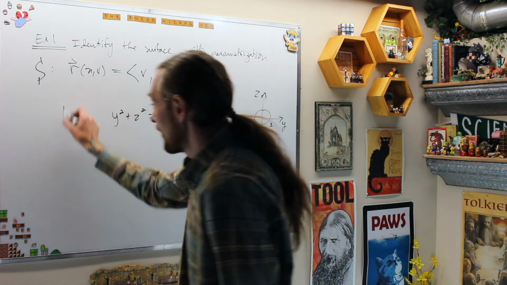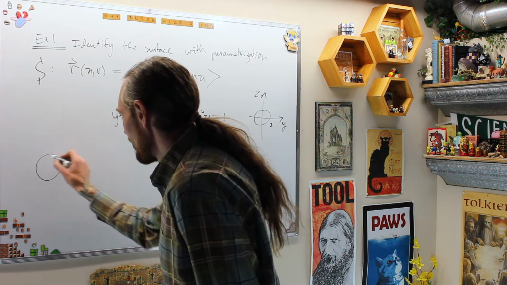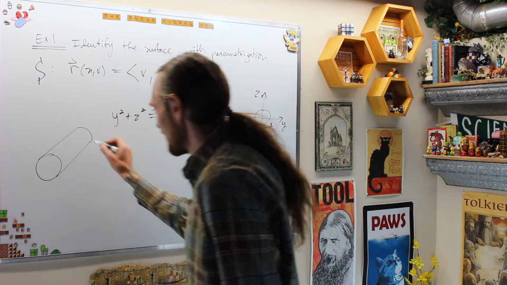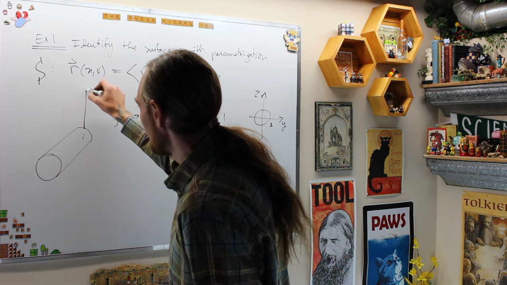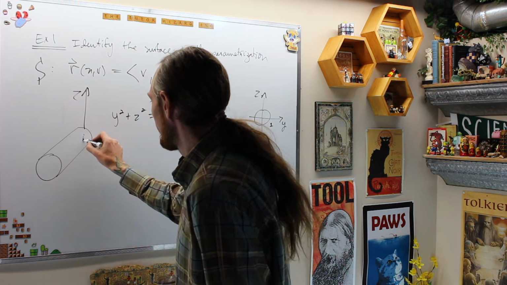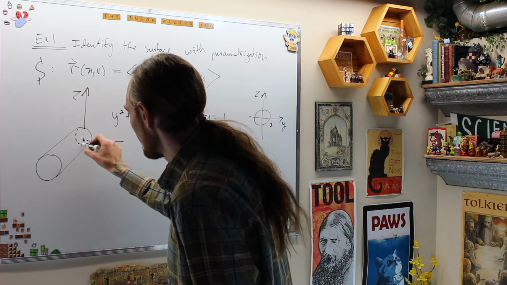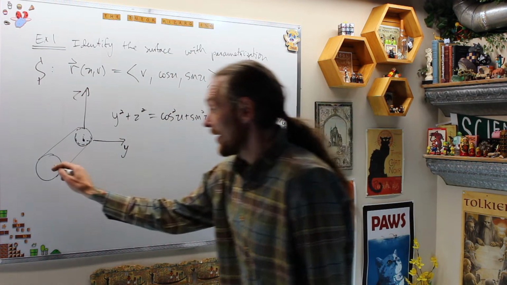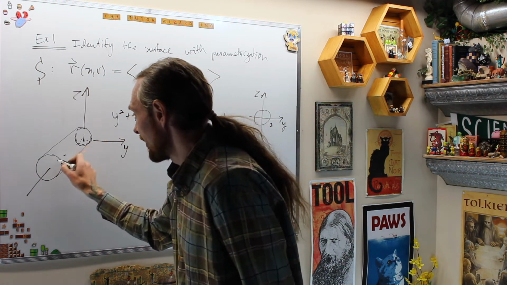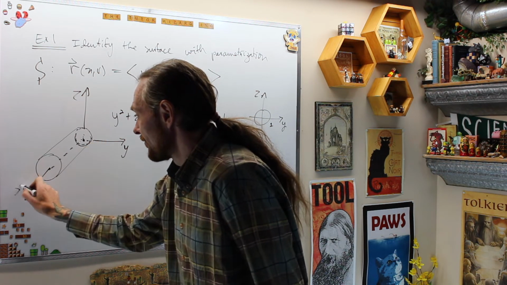What is that going to look like? Draw the object first. I want it to go along the x-axis, so there's the x-axis. Now there's my origin, there's z, there's y, and then it's the circle in the yz plane, and then x is allowed to be any value. So what is this?